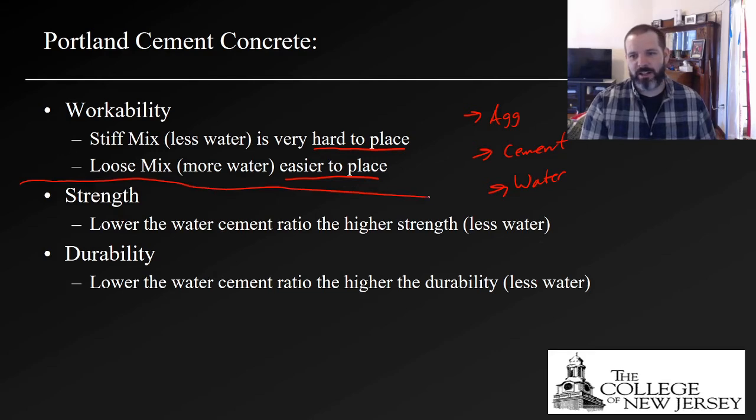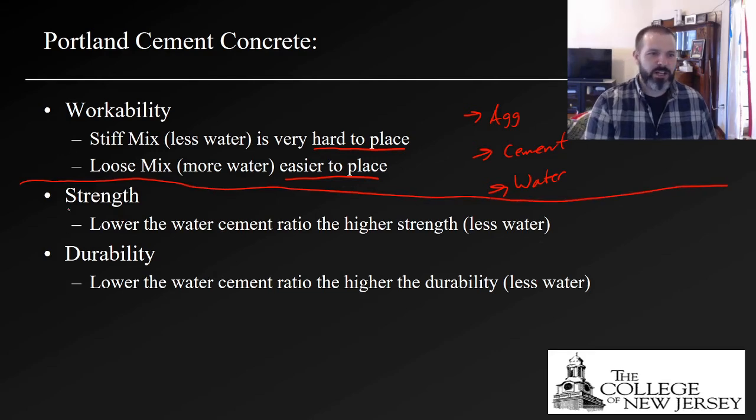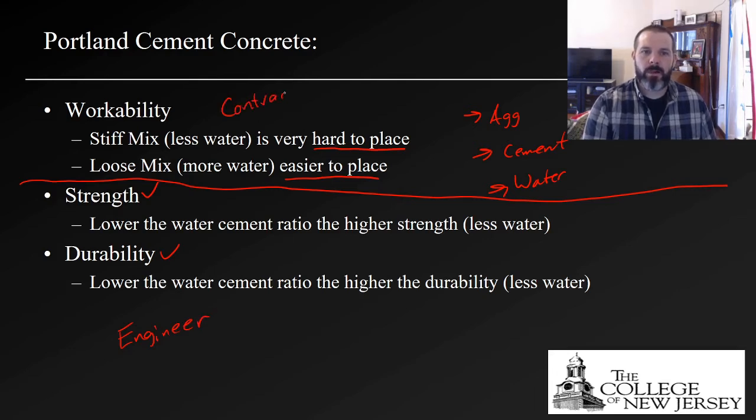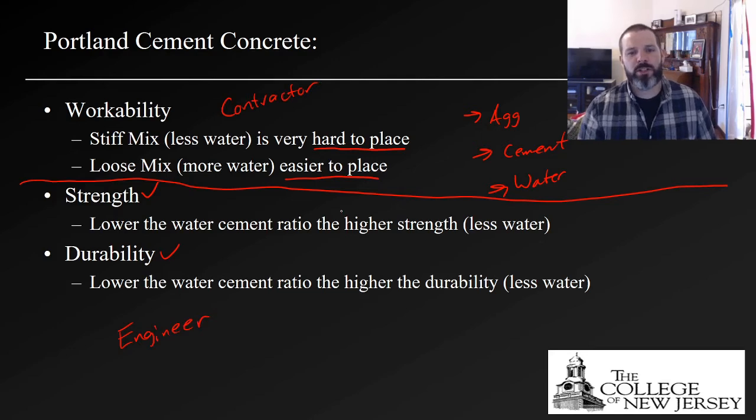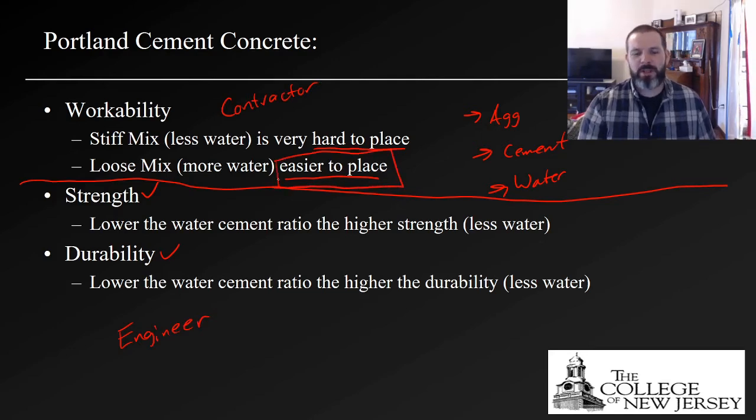So generally, this defines the great divide in concrete. Because if you're an engineer, you generally want something that's strong and durable. But if you're a contractor, you're going to want something that is easier to place. So here begins the eternal struggle in concrete.